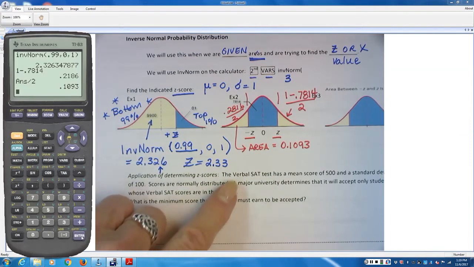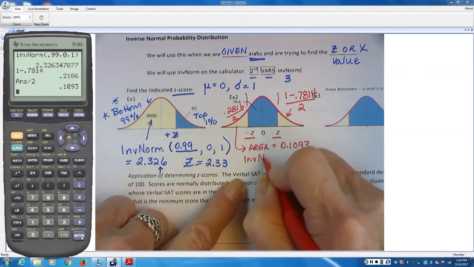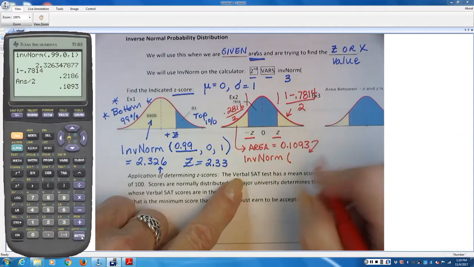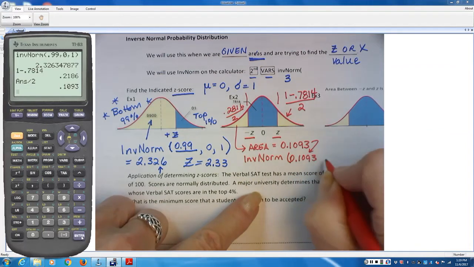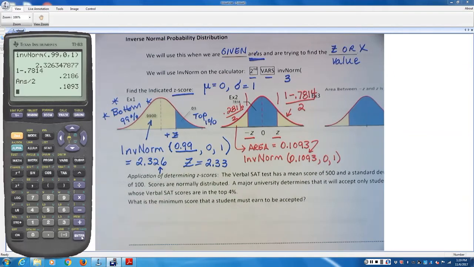So when we do this one, we do, again, inverse norm. We put that area in because it's the area to the left. And the mean is still 0, and the standard deviation is still 1.